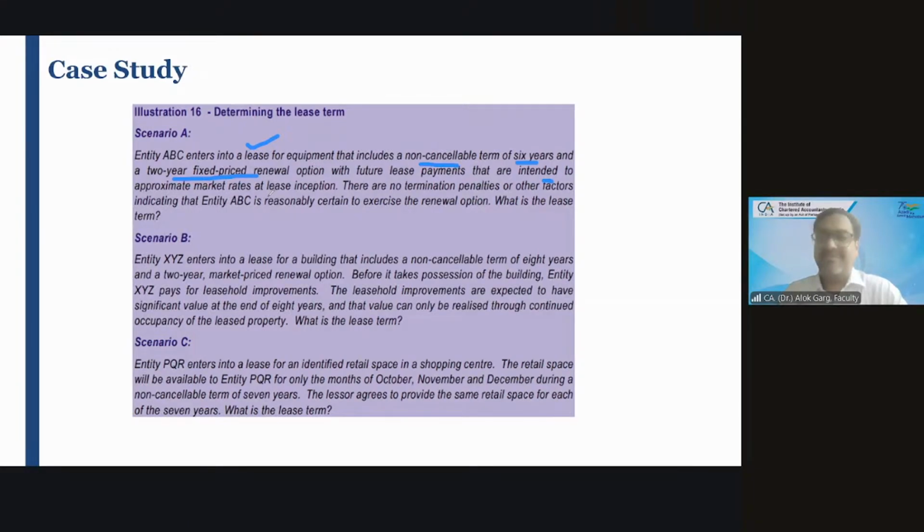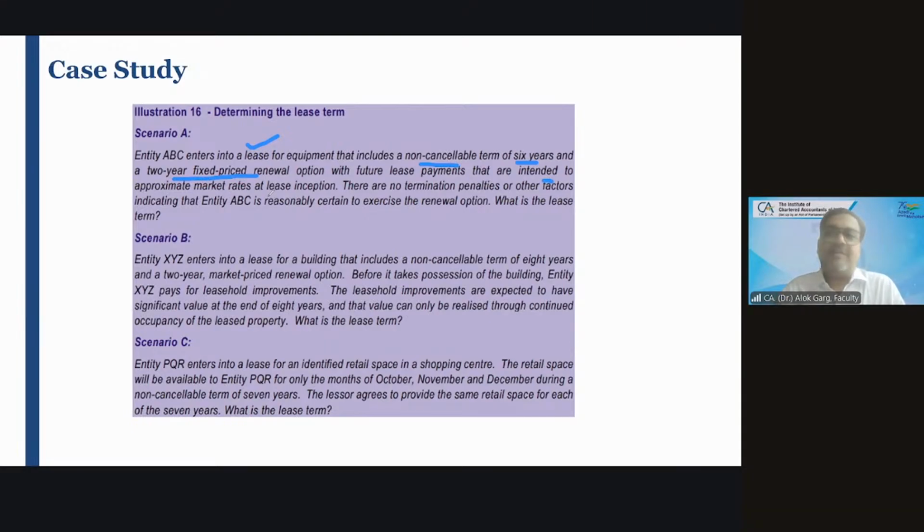What is the lease term? 8 years? Sir, in this case, 6 years, because there is no reasonable certainty to exercise the renewal option. See, 2-3 things are written here. Number one, 6 years is the non-cancelable period. For sure, 6 years will be there. 2 years is the optional renewal period.